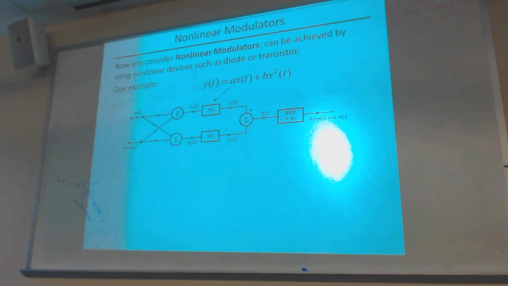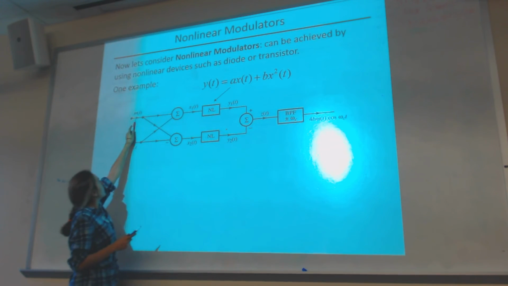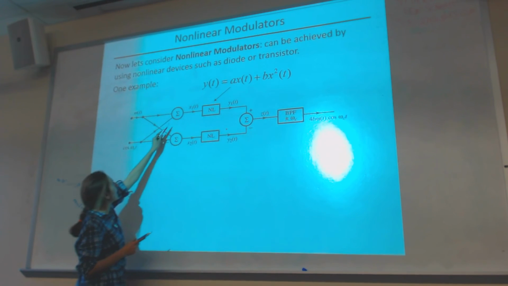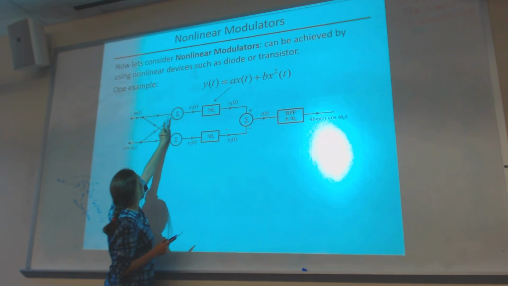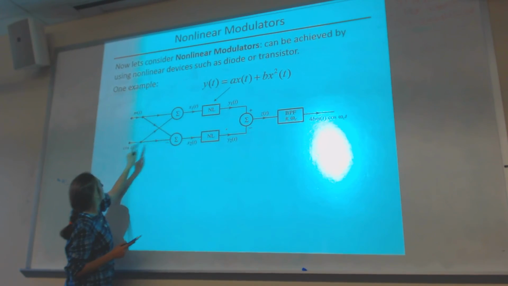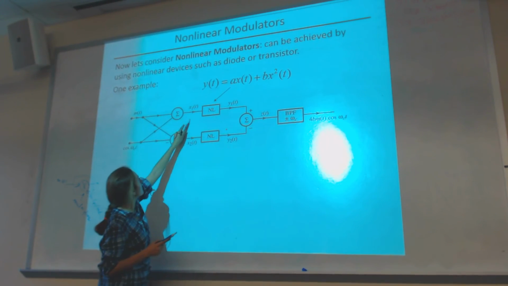Now let's see how this can generate this multiplication for us. I have m(t) and I have the carrier frequency. I have the adder here, not a multiplier. So m(t) plus cosine comes here, and then m(t) minus cosine comes here.